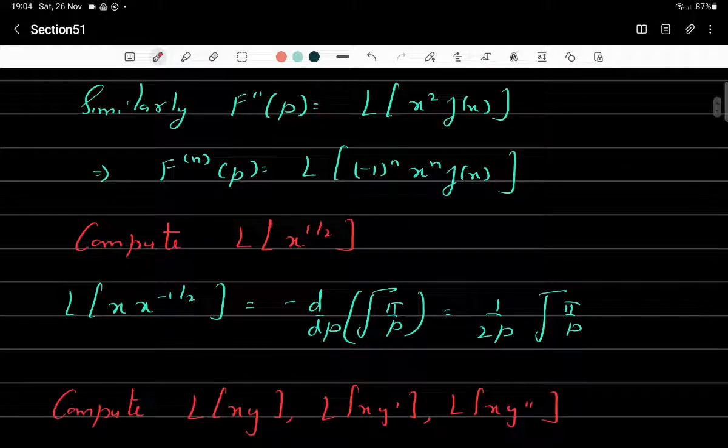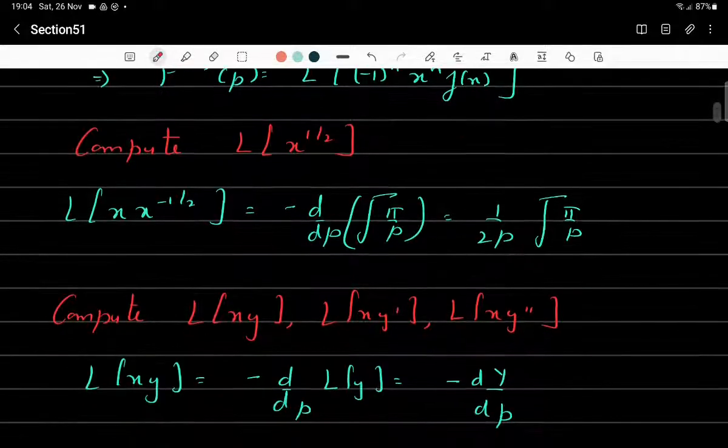So in the same fashion, we can try to see what would be Laplace of xy, xy dash and xy double dash. Yes, we'll use the same concept. So xy is straightforward, minus d by dp of Laplace of y. If I represent Laplace of small y by capital Y just for simplification, then it is minus dY by dp.